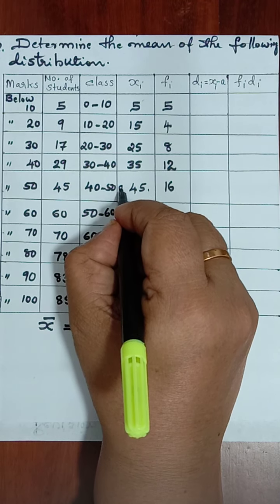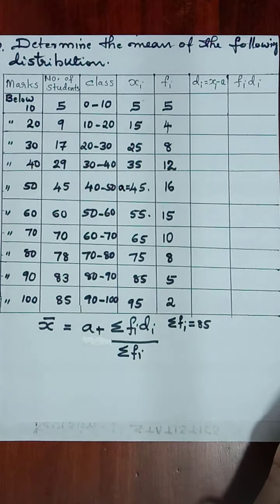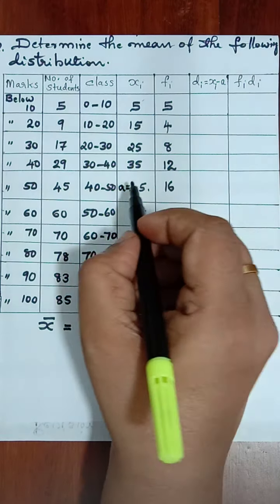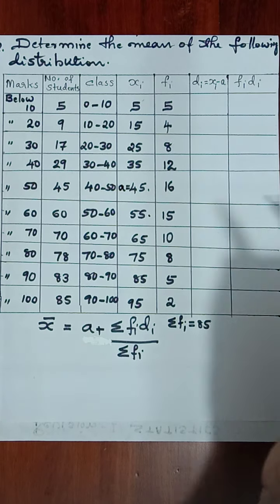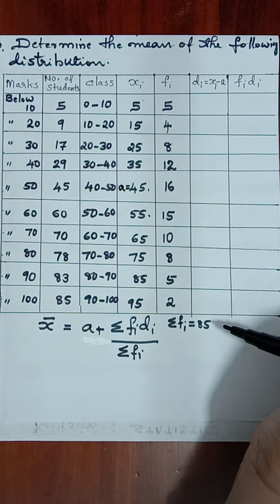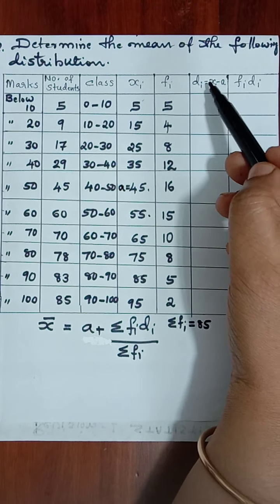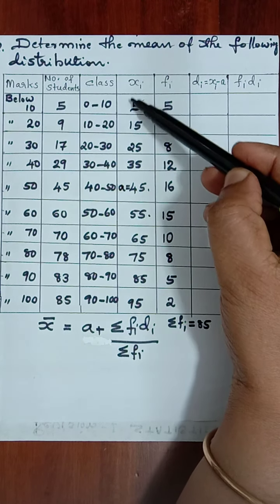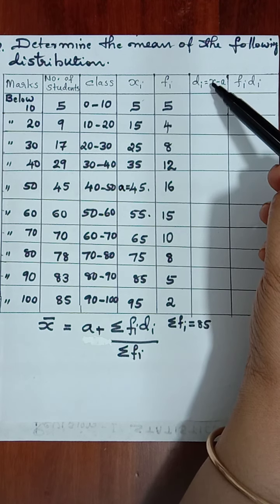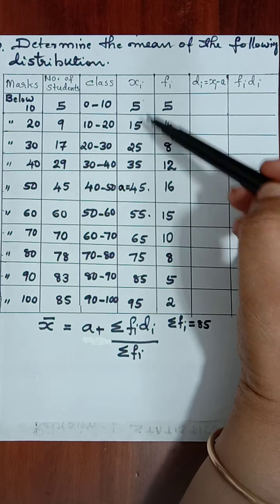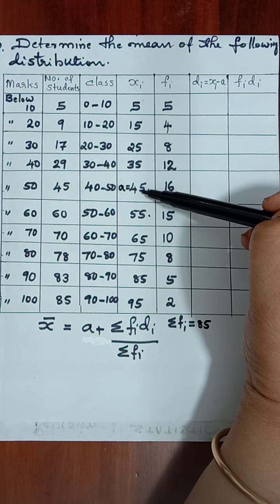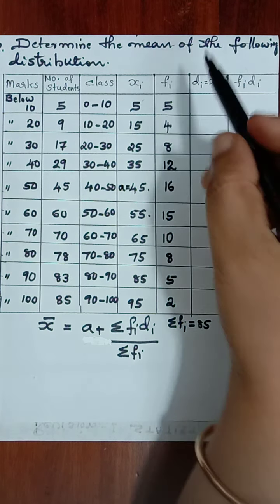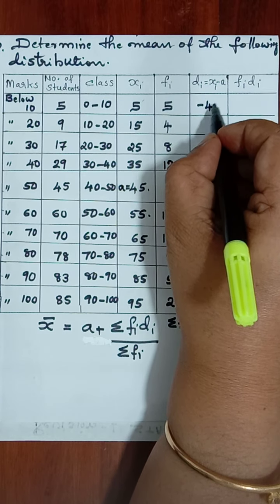Here I am choosing a equal to 45. I will do the calculation accordingly. So in the di column, xi minus a. For this column we consider xi 5 minus a, that is 45. 5 minus 45 is negative 40.